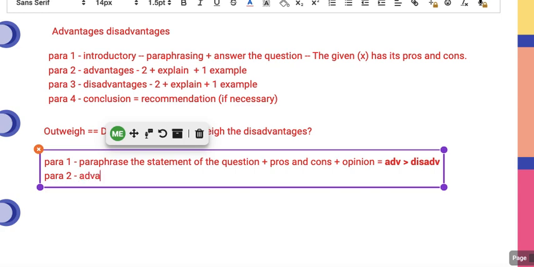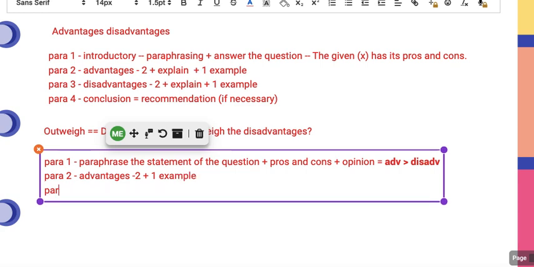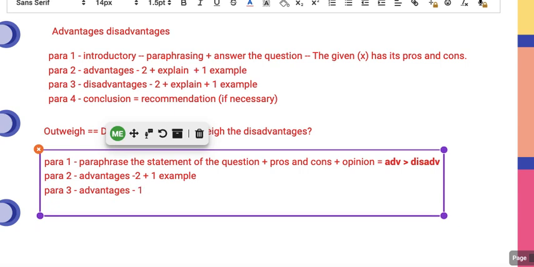So here you are going to have advantages. Maybe you can have two advantages, then at least one example. Of course, the explanation is going to go into it also. You are going to have another para for advantages also, maybe one more example, one more advantage. Para number 4 is going to talk about disadvantages.